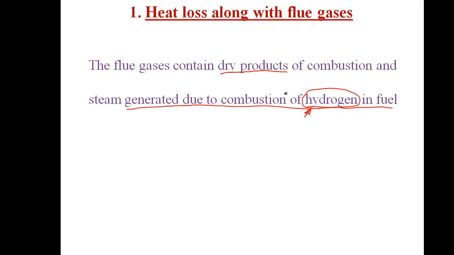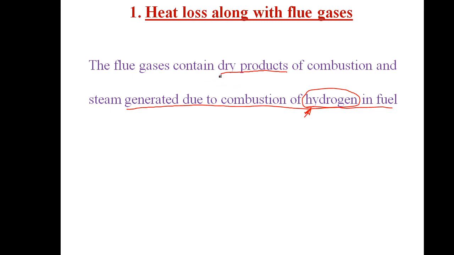And then again, if the fuel contains moisture, when the fuel is burned, the moisture also absorbs heat in order to get itself evaporated. So that moisture also mixes with the product of combustion, that is flue gases, and is let into the atmosphere. So when flue gases are discharged into the atmosphere, they carry heat along with them.